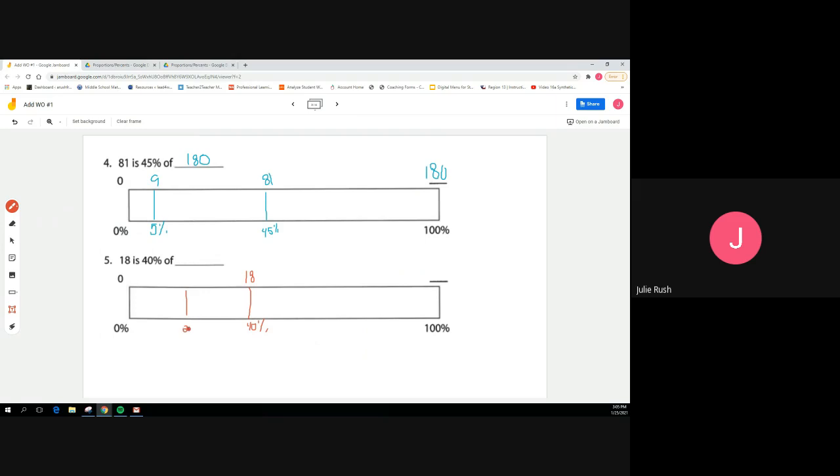And if I can get to 20%, then I can flip back up to 100. So half of 40 is 20, half of 18 is 9. 20 times 5 is 100, 9 times 5 is 45. And so 18 is 40% of 45.